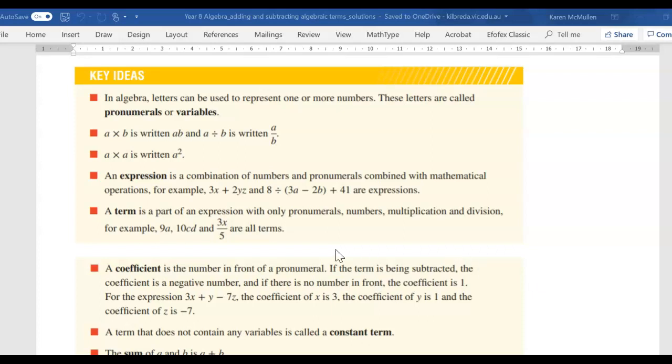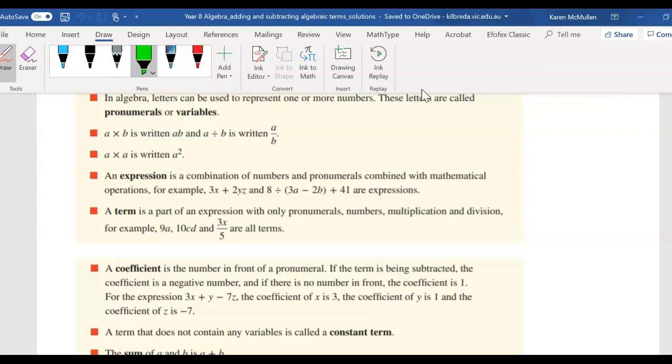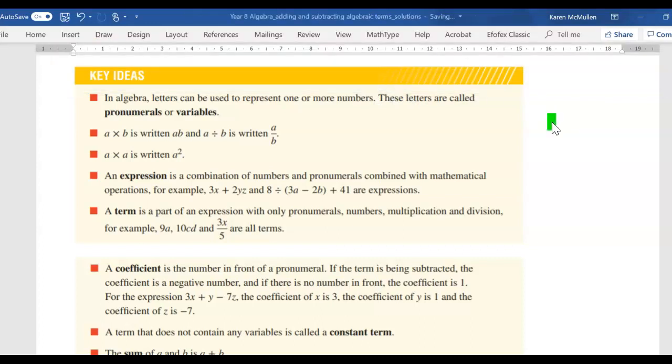Dot point number 2, A times B is written as AB, and A divided by B is written as A over B. Just remember A times B, in algebra, we don't usually write the multiply sign.